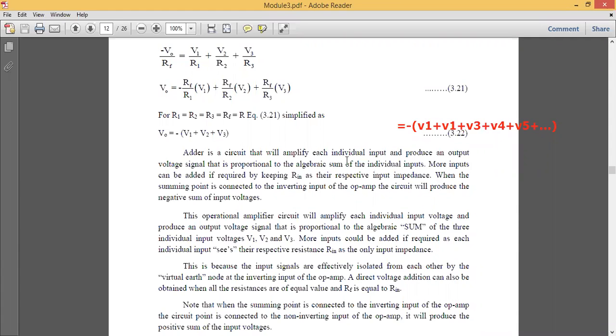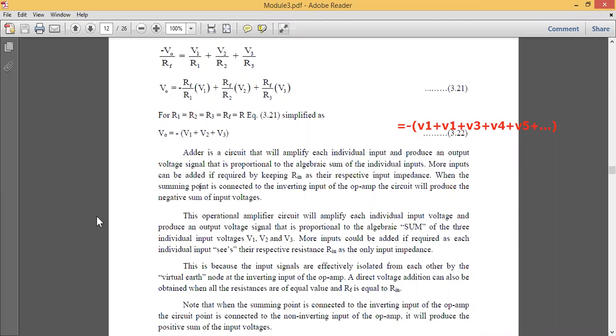You can even go on increasing the number of voltages and the number of resistances in parallel. Then the op amp circuit which amplifies the individual input voltages and produces the output voltage is nothing but a summing amplifier, or sometimes it is also called an adder.